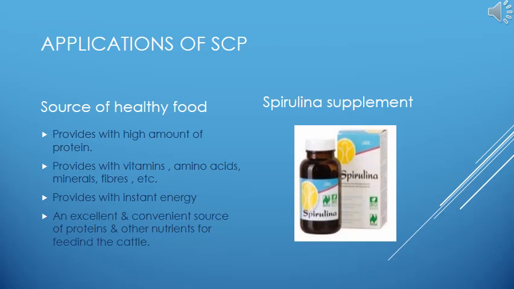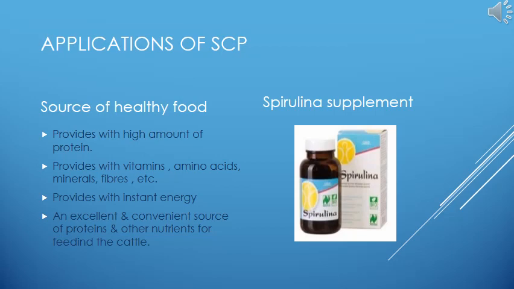SCPs normally have the texture of meat, and they have a bland taste, so flavoring and cooking can overcome that bland taste. They provide a high amount of proteins. Since most of the world is malnourished, they are a good source of proteins.